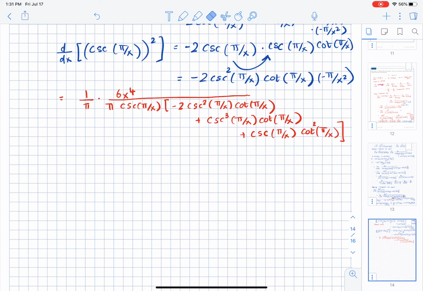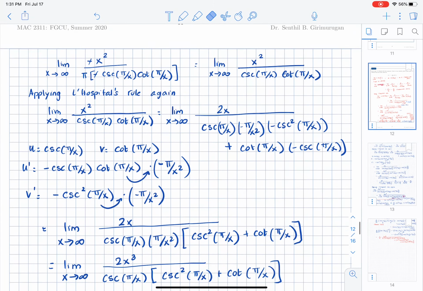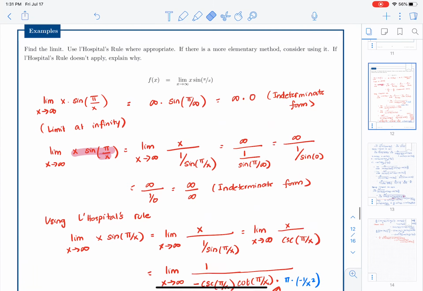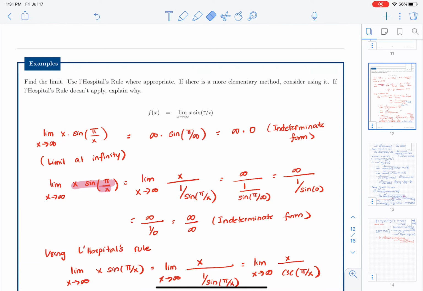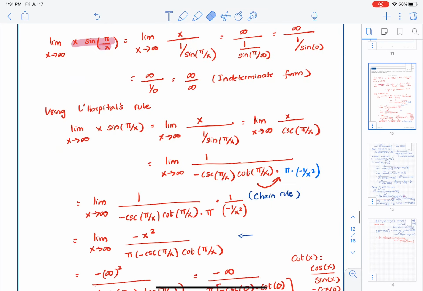So I went this far to just demonstrate how hard it could get if you keep on applying L'Hopital's rule. The question to ask here is, going back to the original problem, could you have done something so that this entire process could be avoided?